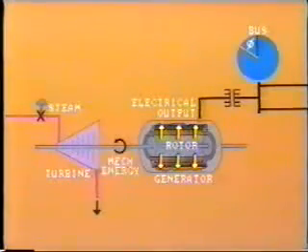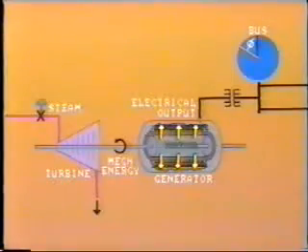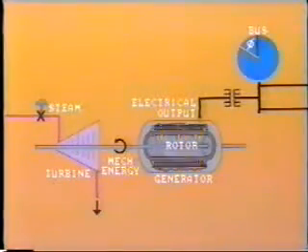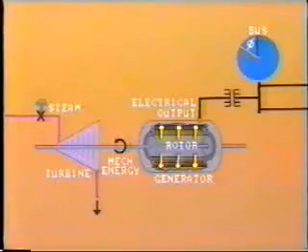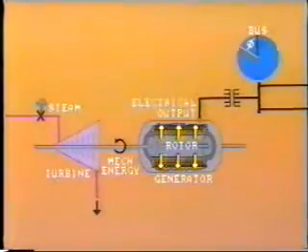All of the mechanical energy of the steam is transferred along the turbine shaft into the generator rotor. From here, it passes across the air gap in the form of magnetic flux into the stator, where it is converted into electrical energy.